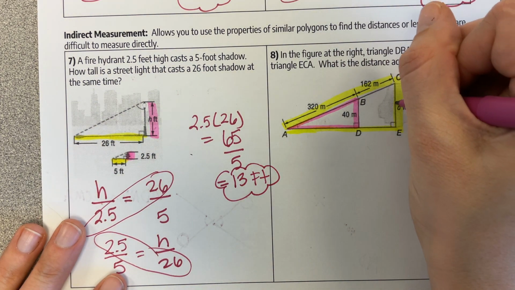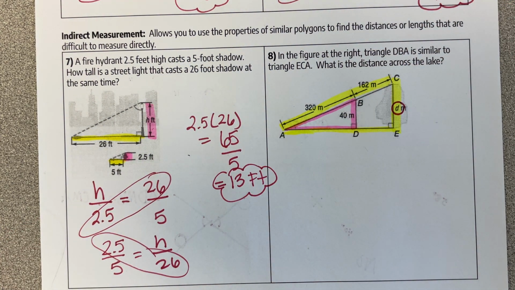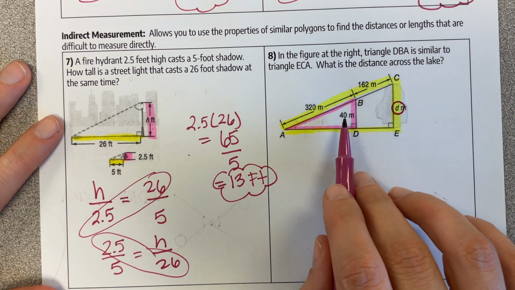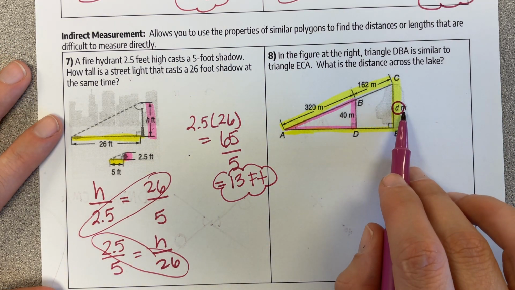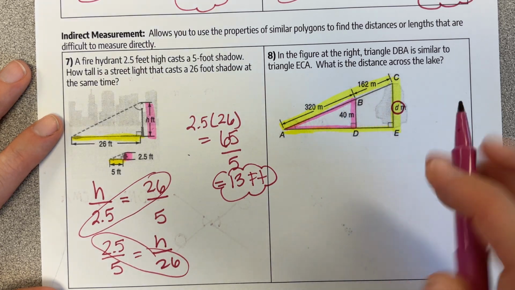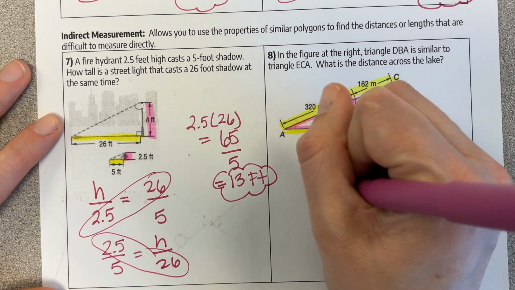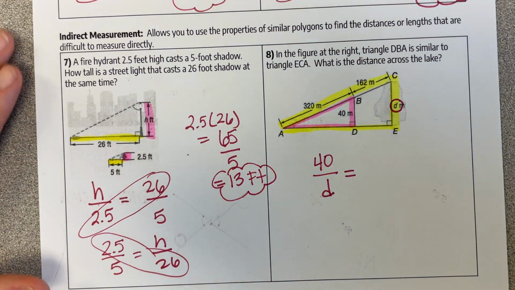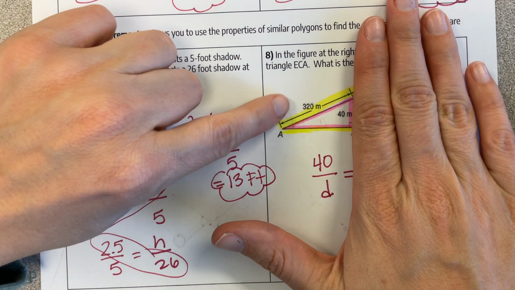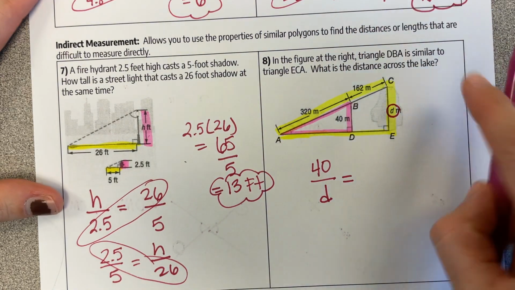We are looking for this distance, okay? So what we can compare is 40 and D, right? Those are the corresponding sides, 40 compared to D, okay? Then for the smaller triangle, it's easy to see we're given this measure right here, that length across of 320.